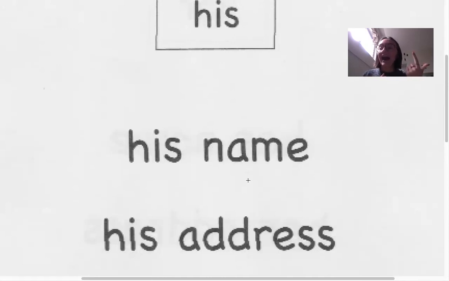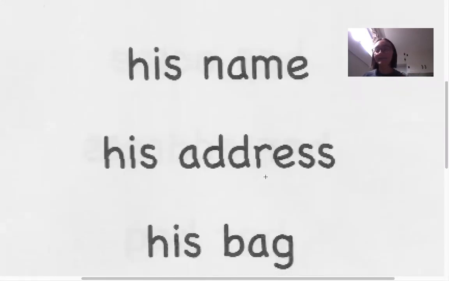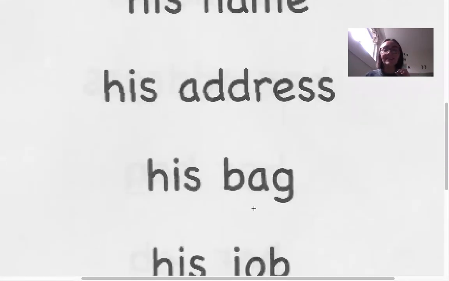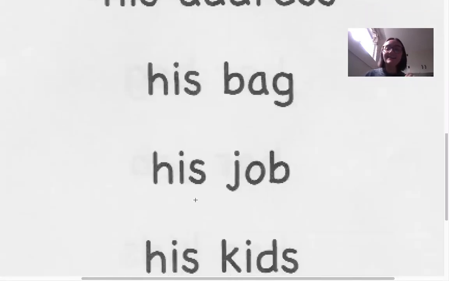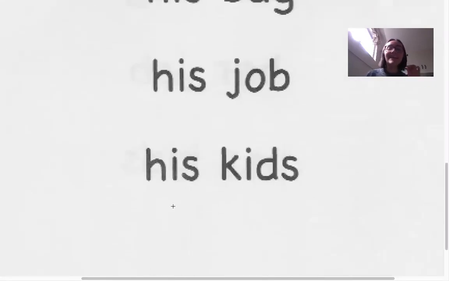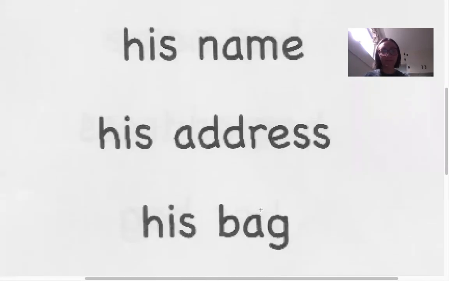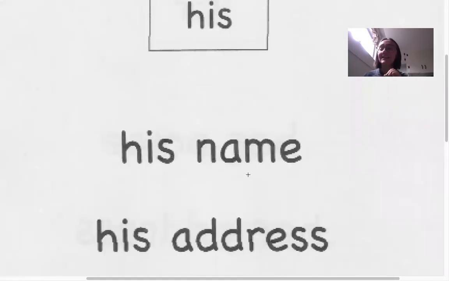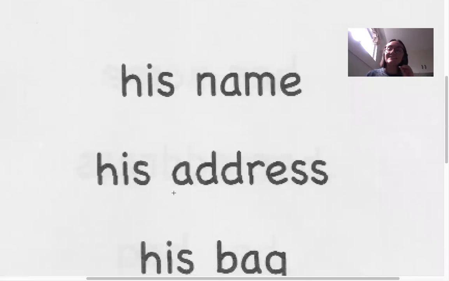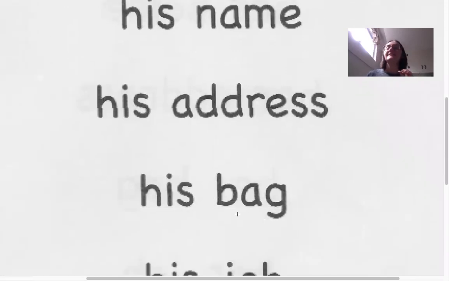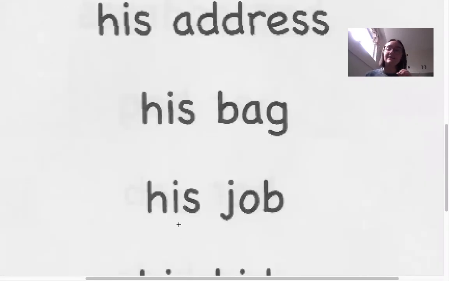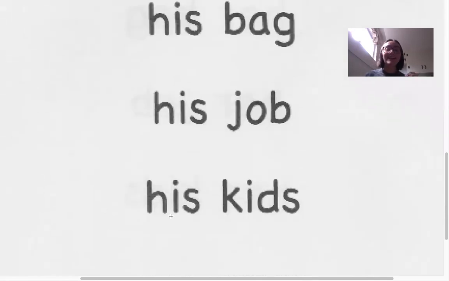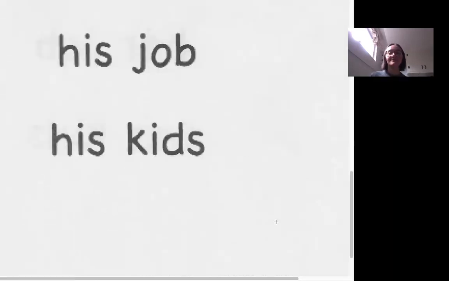When we use he, we want to say his name, his address, his bag, his job, his kids. Let's read it again. His name, his address, his bag, his job, his kids.